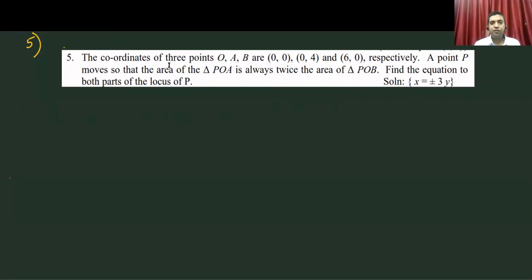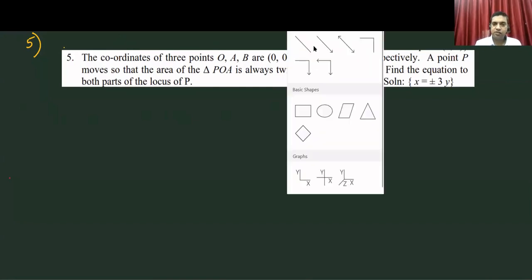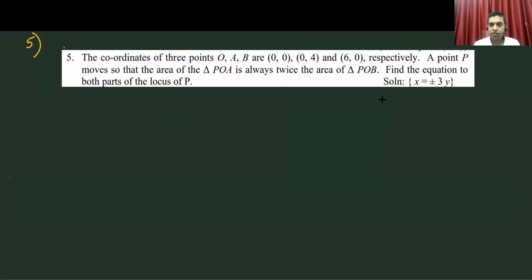Now, coordinates of 3 points O, A, B. This is X, this is Y, and this is the origin. A is (0, 4) in this case.